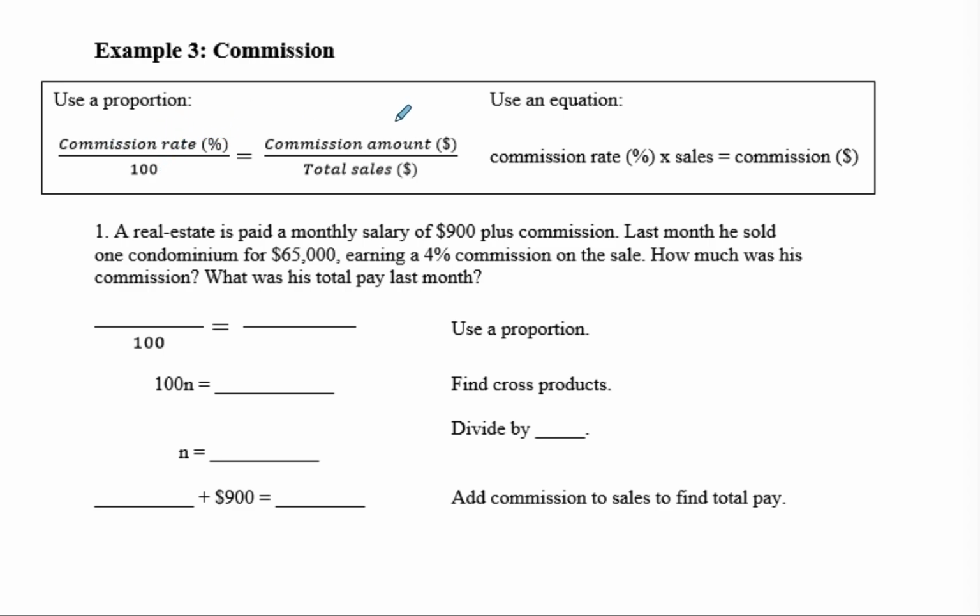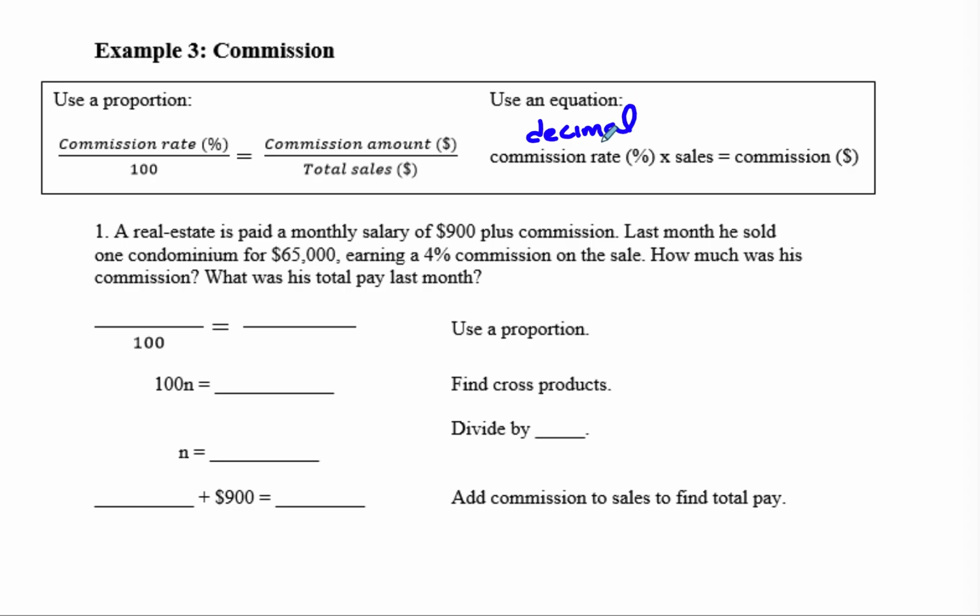Percent over 100, part over whole. Here the part is the commission amount, that's like the bonus money that they get, over the whole, which is the total amount sold. If we use an equation, our percent would need to be in decimal form.